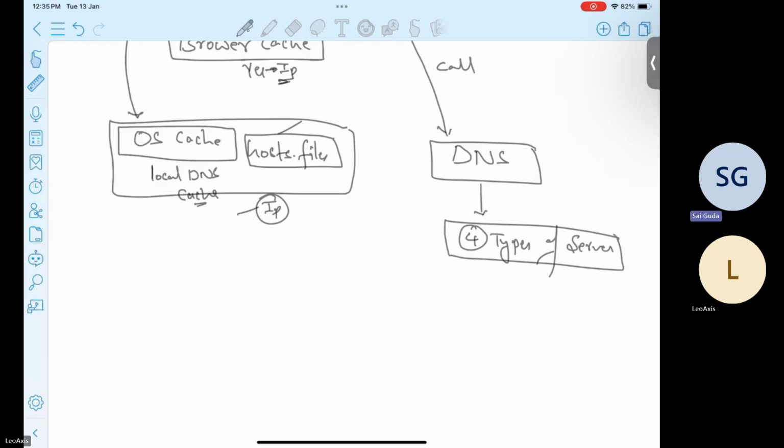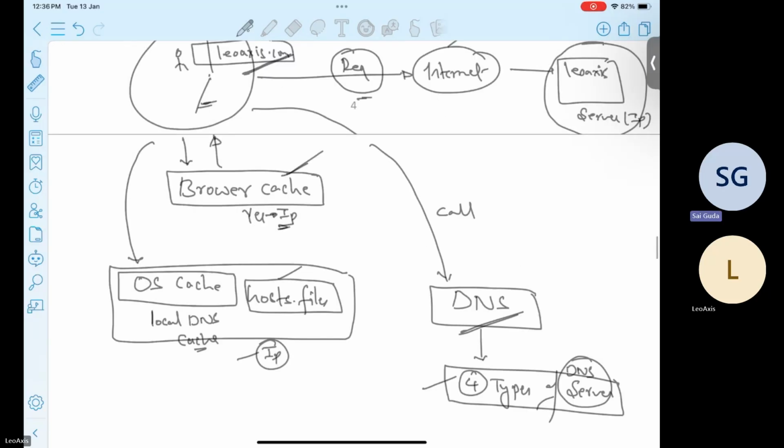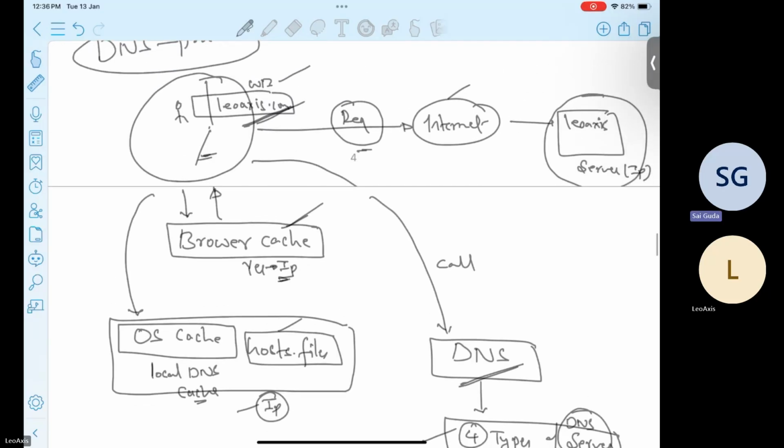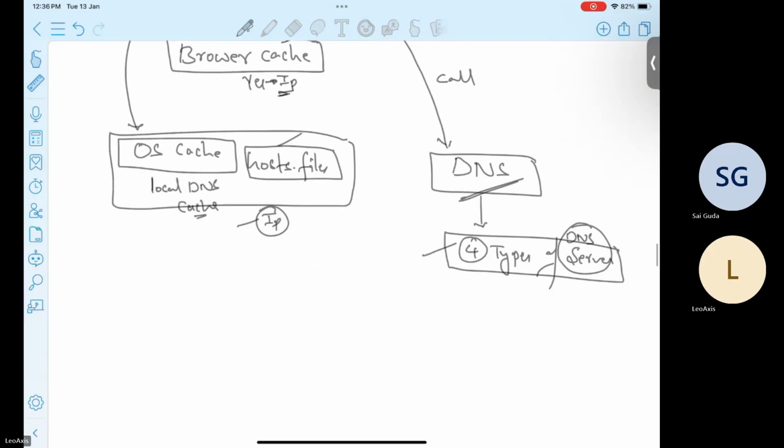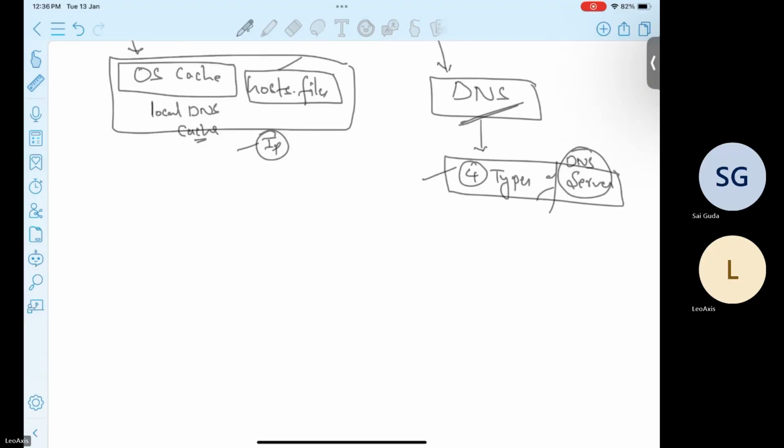The 4 types of servers are part of the system, playing a major role, and each server has its own specific role. So what are these 4 types of DNS servers? There are 4 types of DNS servers which are part of this DNS system, which help us get the respective website IP address details. So now the system contacts the recursive resolver first.